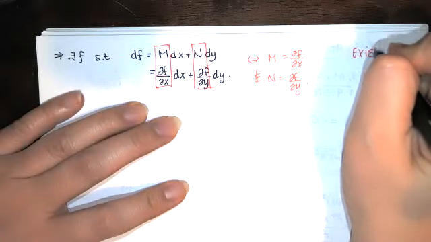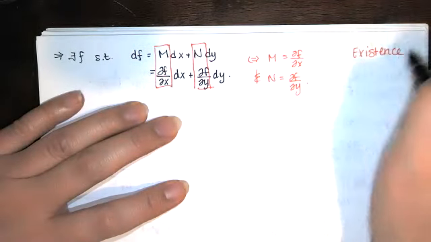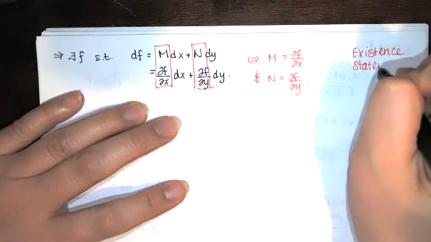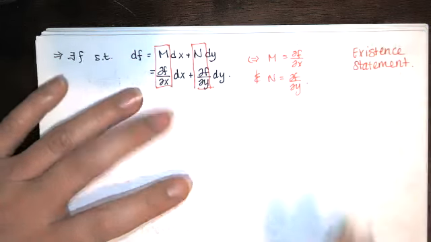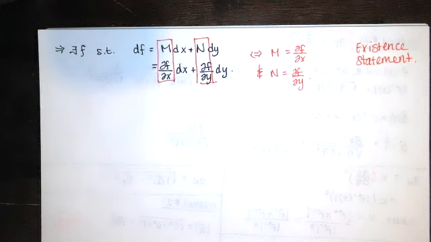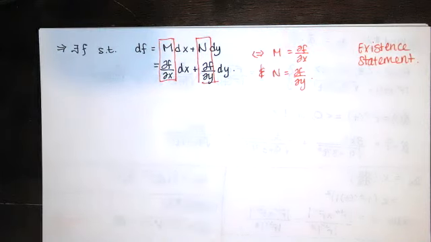I call this an existence statement. I think it's really important to put that in your argument so that people know why the rest of the method is what it is. That's what it means for this differential equation to be an exact differential equation. It means the left-hand side of the equation is the exact differential of some function f.